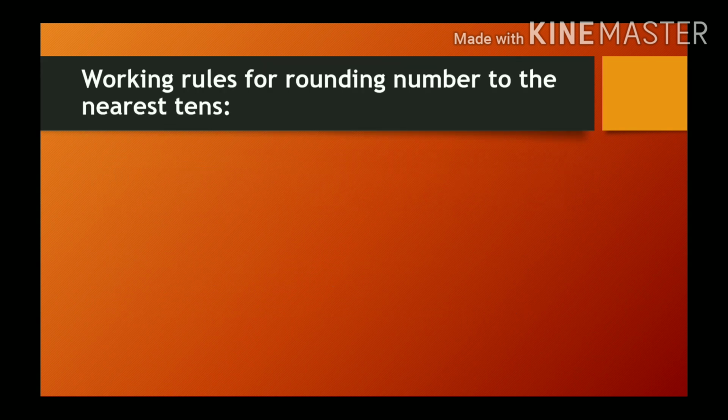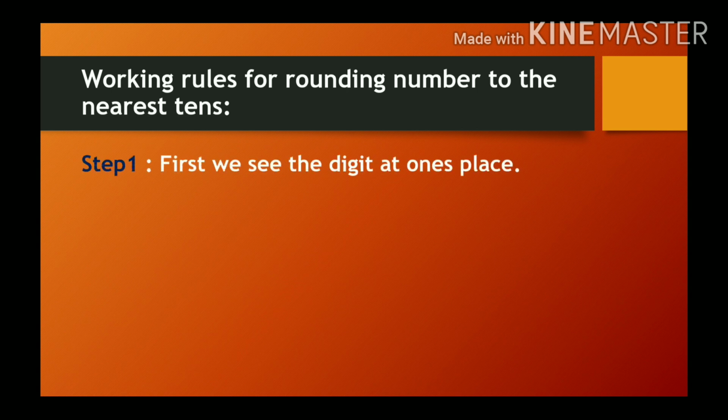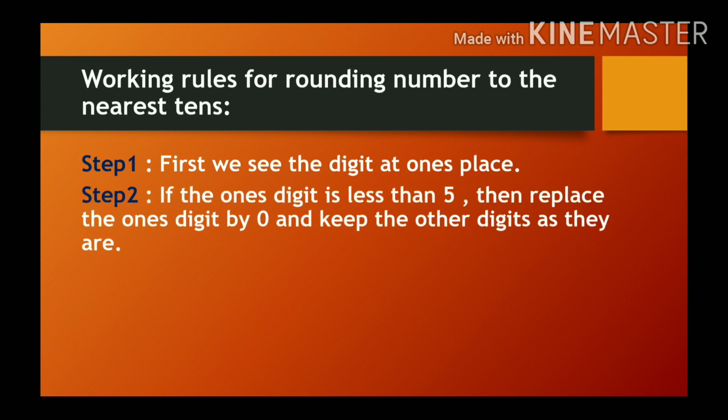Let's see the working rule for rounding numbers to the nearest 10. So first we'll do it stepwise. Step 1: First we see the digit at the ones place. Step 2: If the ones digit is less than 5, then replace the ones digit by 0 and keep the other digits as they are.